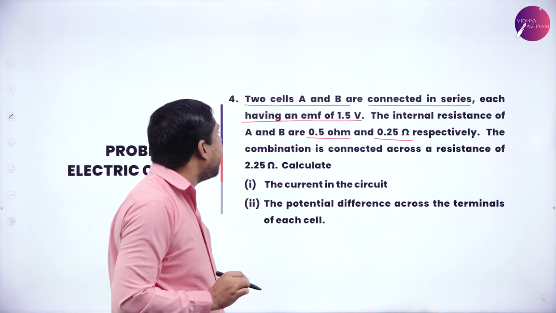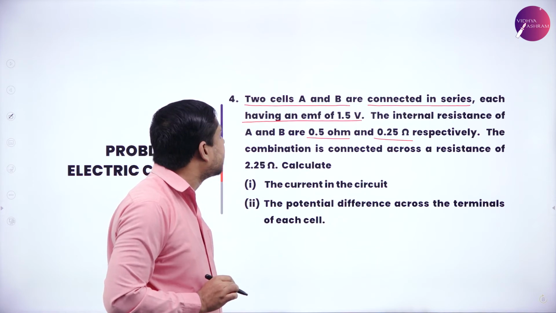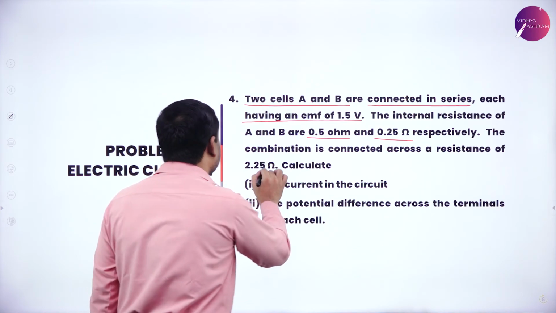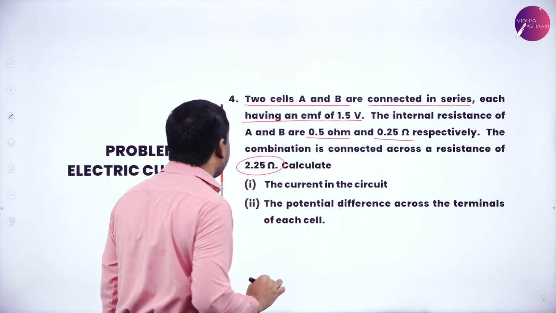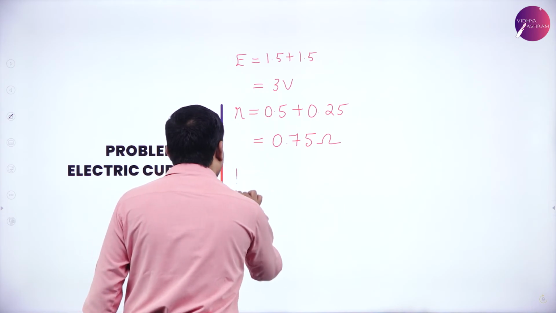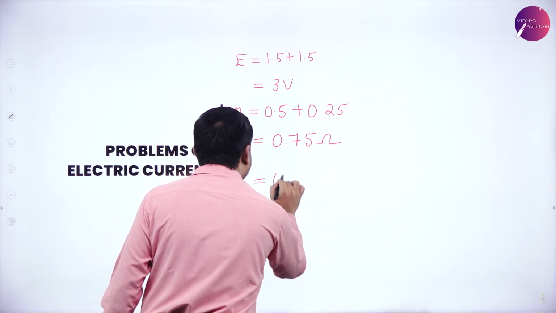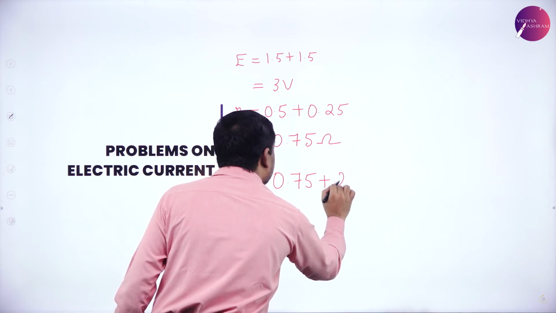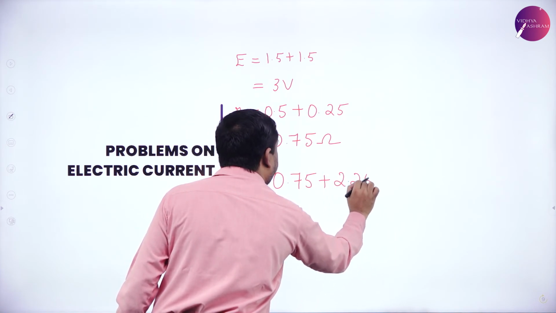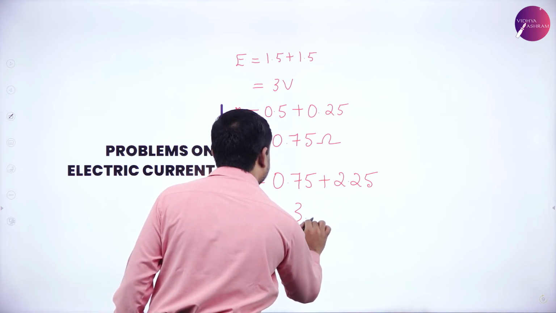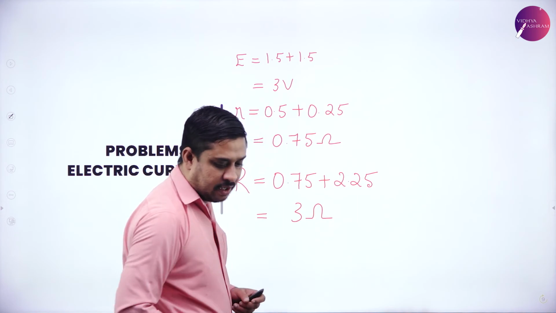And the combination is connected across a resistance of 2.25 ohms. Therefore, R becomes 0.75 plus 2.25, which turns out to be 3 ohms.